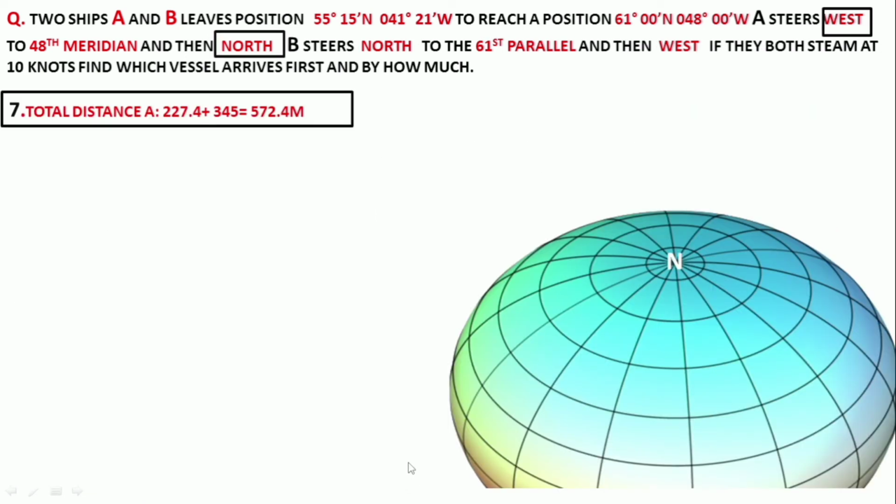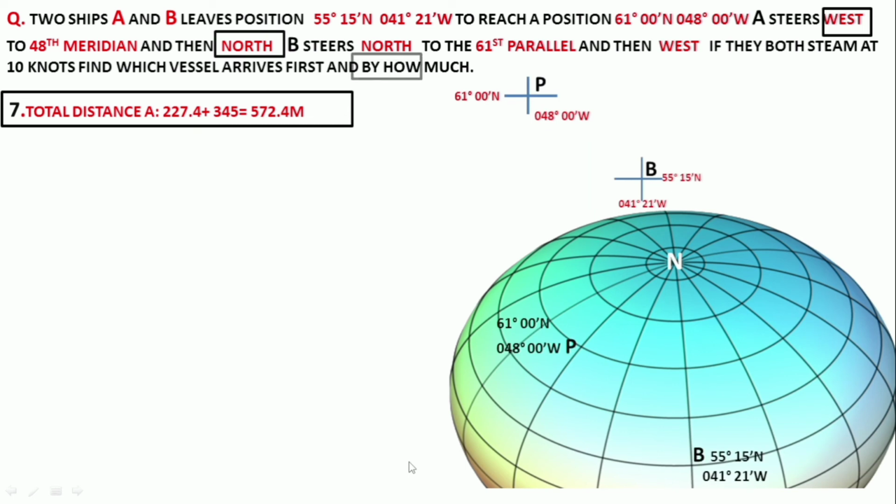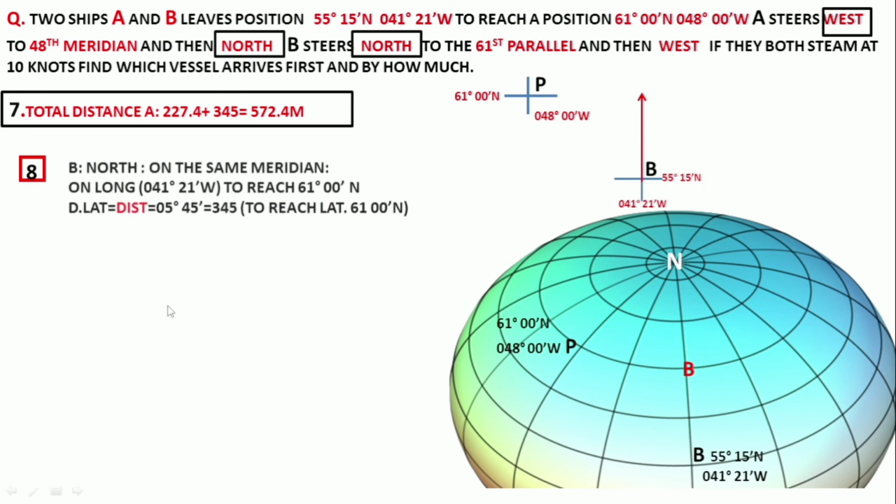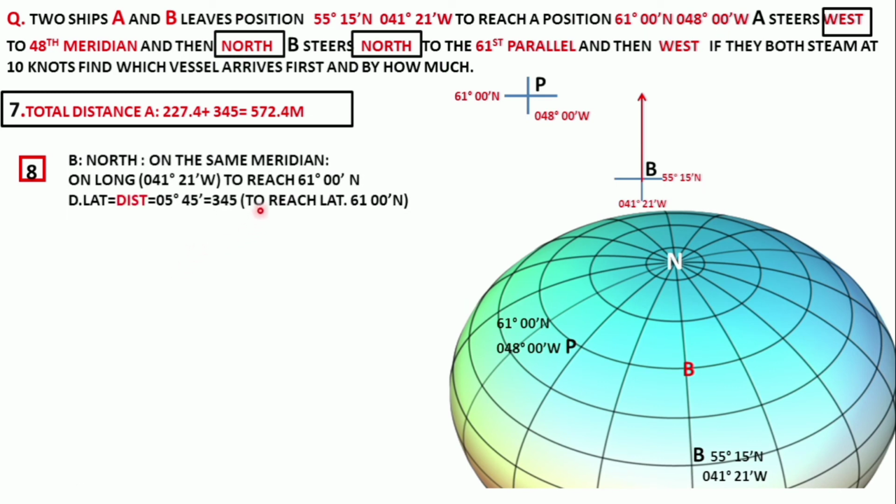Now he says B goes north first. So B, when going north, distance covered would be the D lat. And the D lat is 345. So B would go 345 north first.